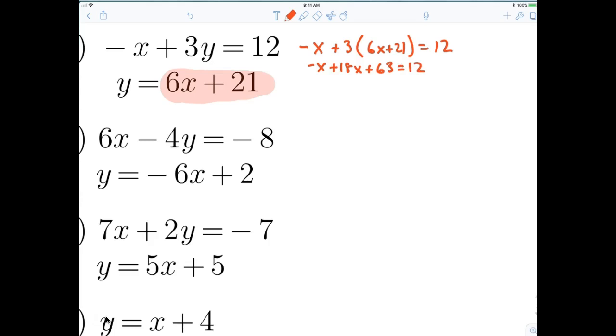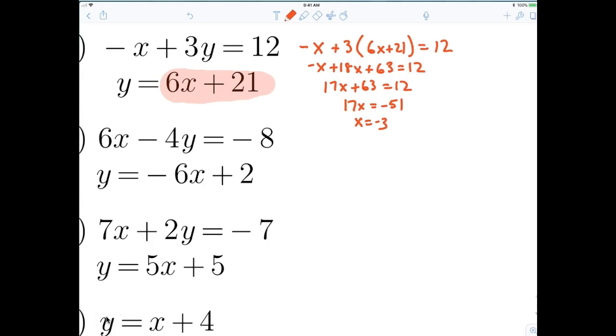When I combine terms, I get what? 17x plus 63 equals 12. And so now what? 17x equals negative 51. So x is equal to negative 3. Everybody happy with that explanation so far?